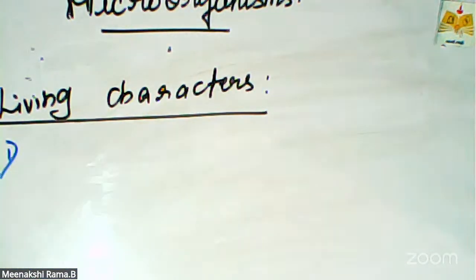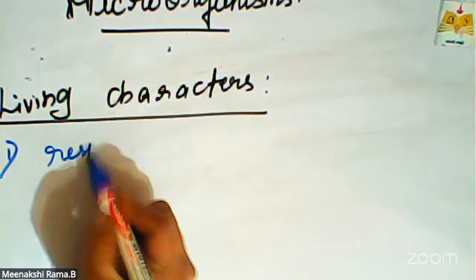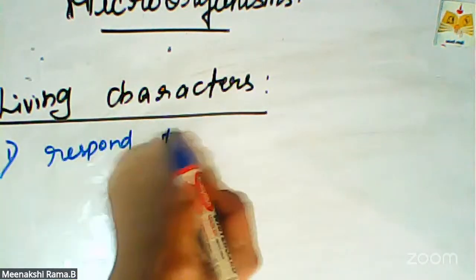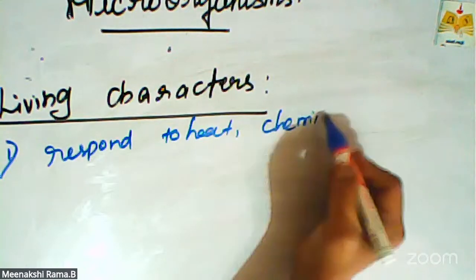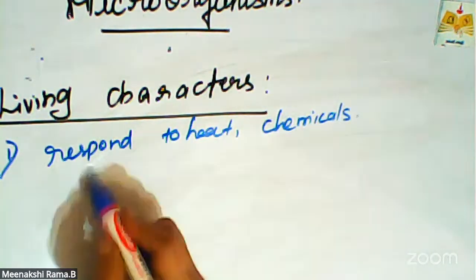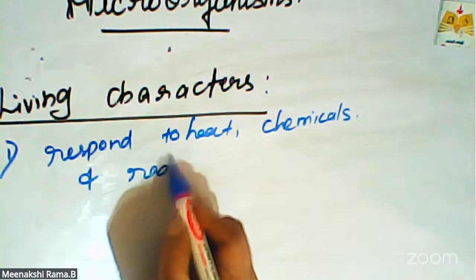What is living character? They respond to heat, chemical, and radiation. The first point of the living characters of virus is that they respond to heat, chemical, and radiation also.